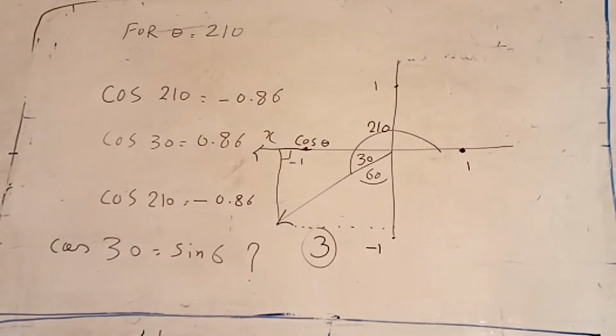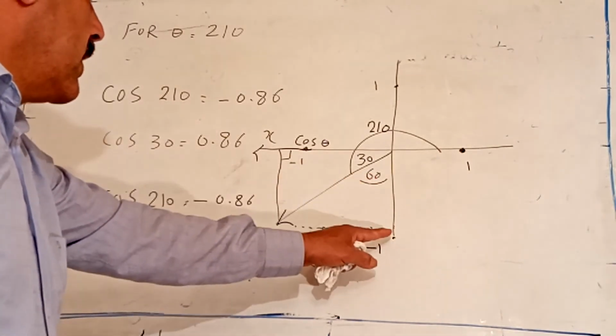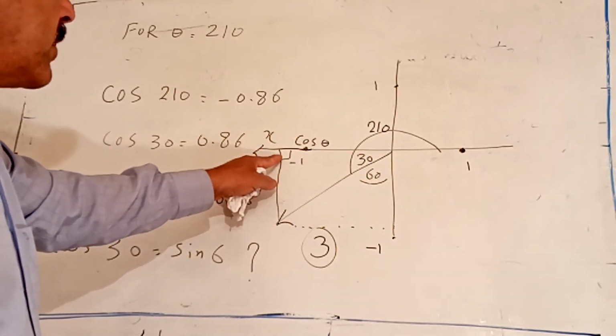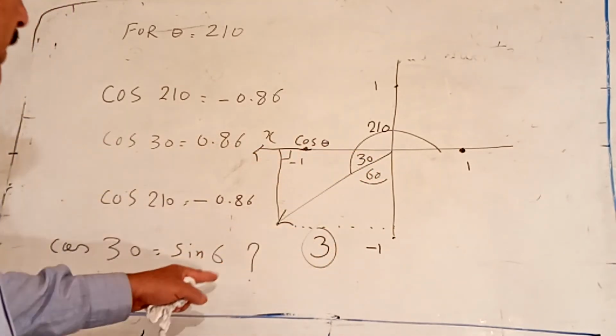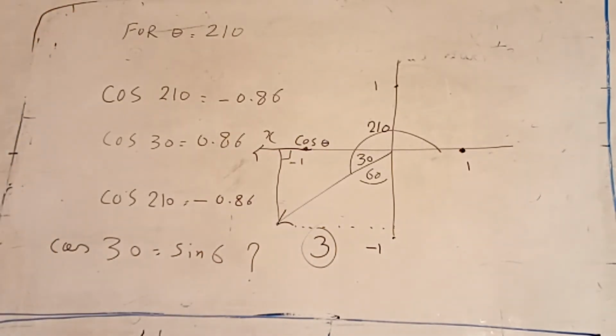It should be equal, because sine 60, if you look at this, this is 60, sine 60 is this one here. This one here is the same, but this is cosine 30, and this is sine 60. Are they equal? Check them with your own calculator, and you will see. This is how you analyze everything, and you will not make mistakes when you solve a problem, if you understand this very well.